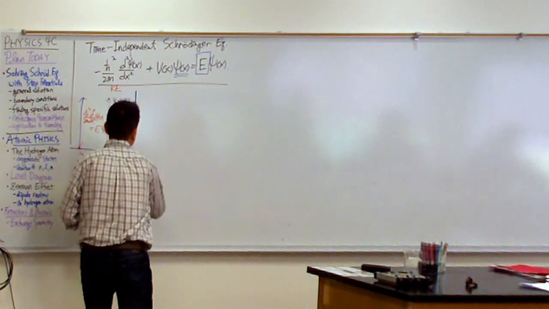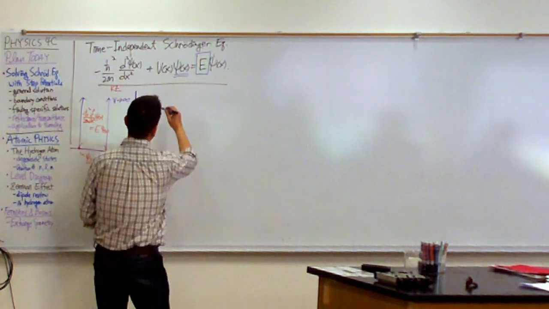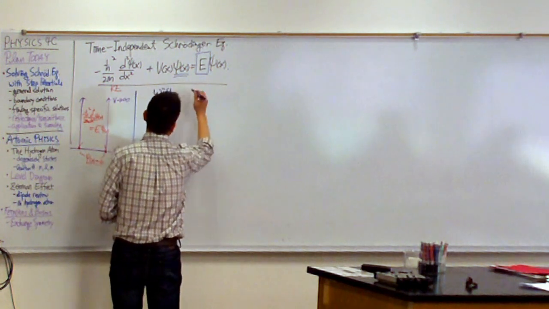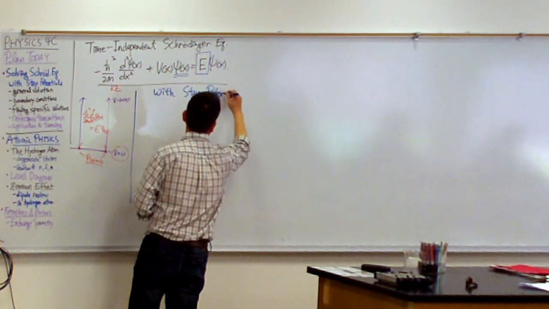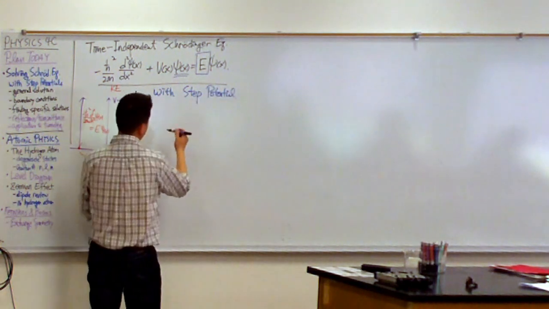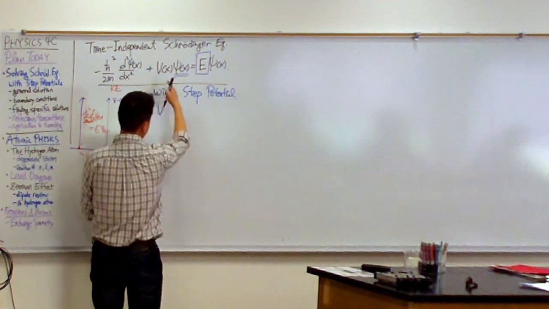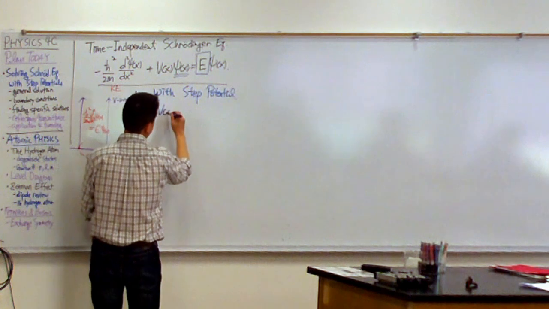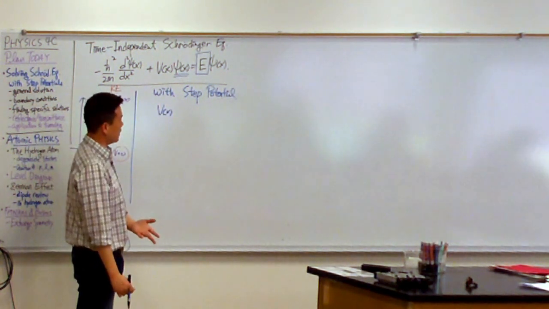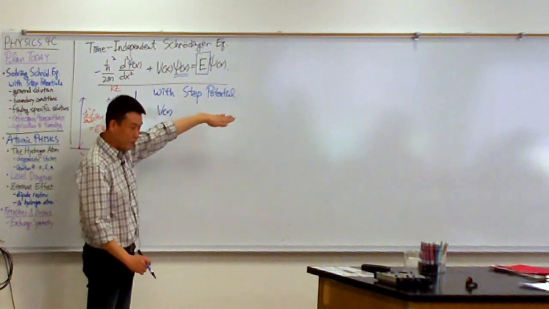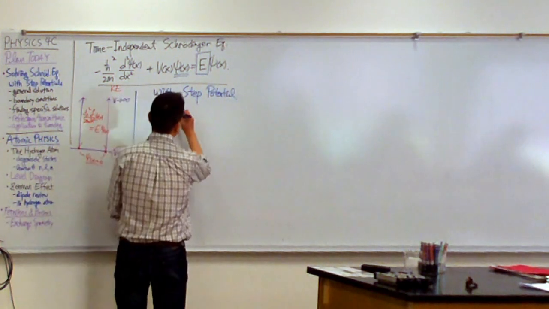So, the Schrödinger equation with a step potential. When you look at this potential energy function, it's a piecewise linear function. In fact, it's a piecewise linear horizontal line function.